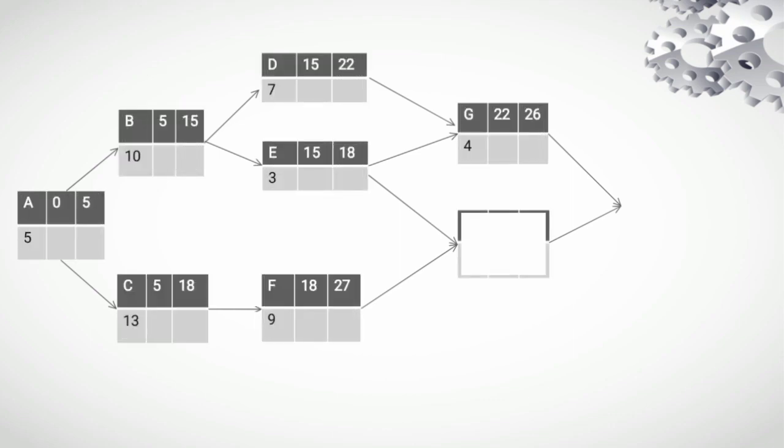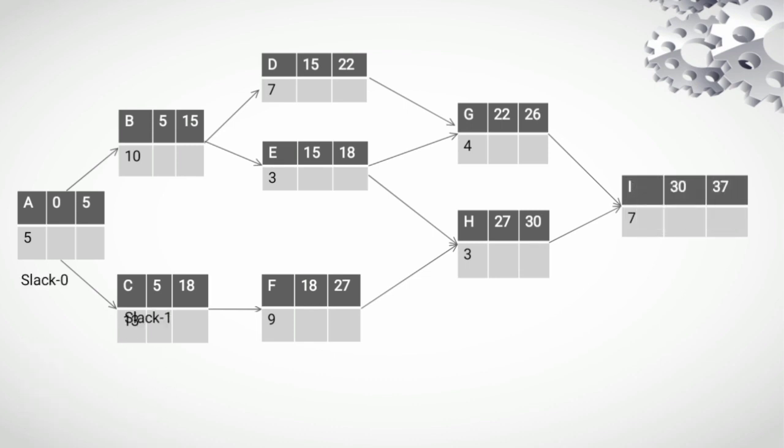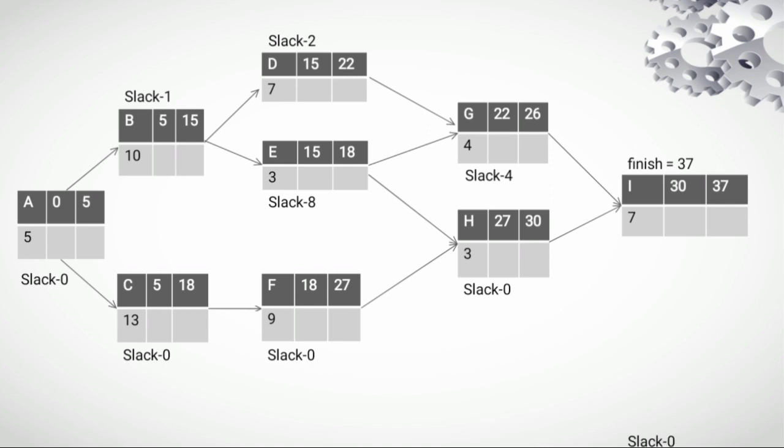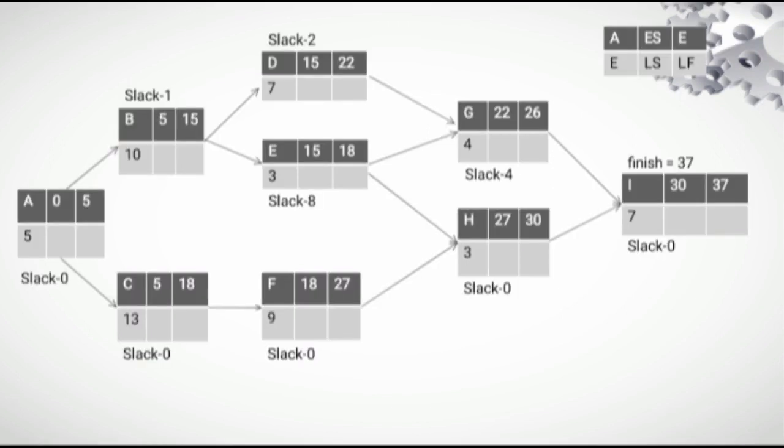H's EF, plus 3 estimated days, equals 30. I has two predecessors, H and G. Since H has the higher number of days to be completed, the ES must be 30 plus 7, which gives 37. Since I has no successors, it serves as the finish, or the project expected completion time.